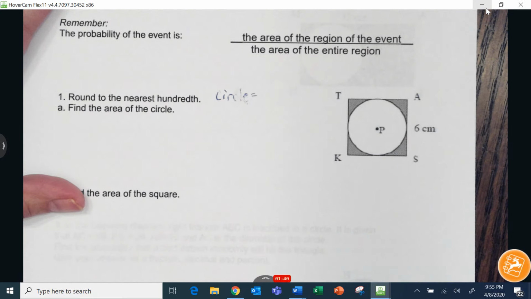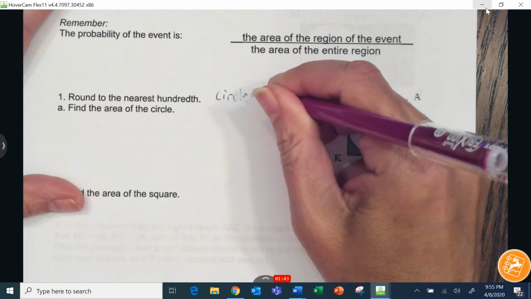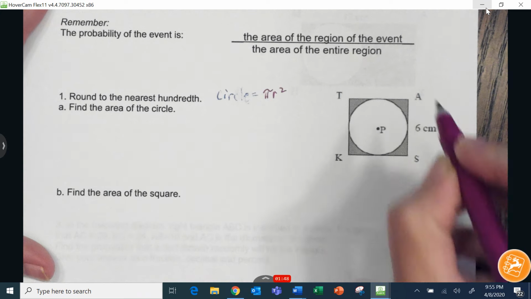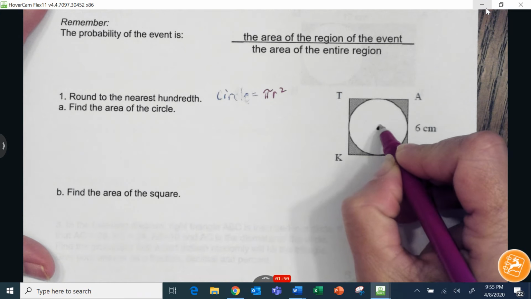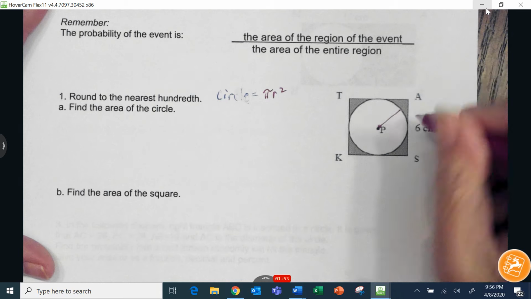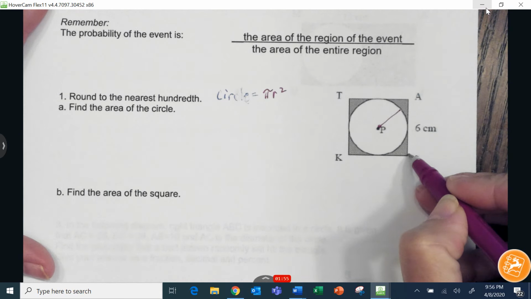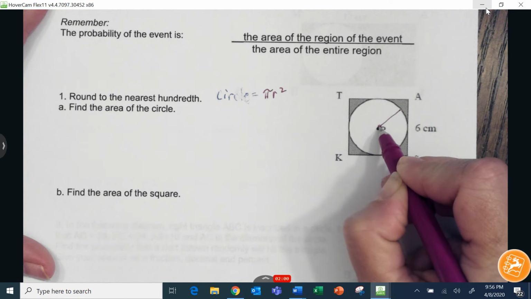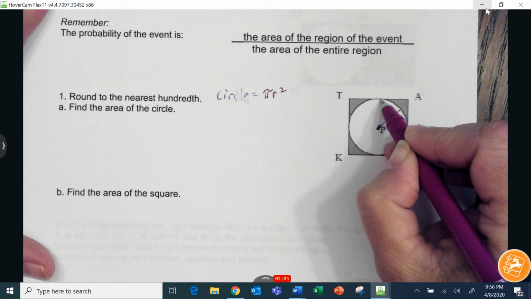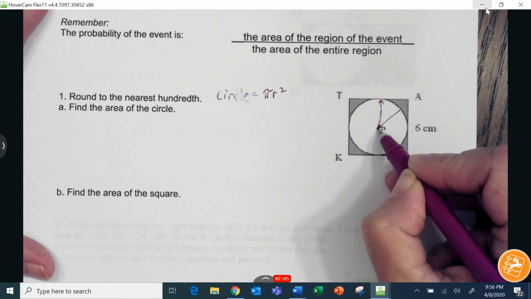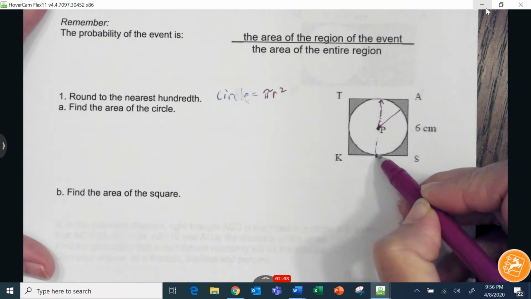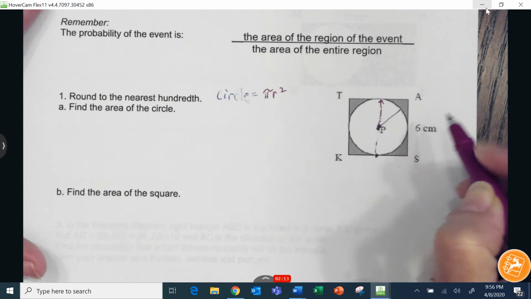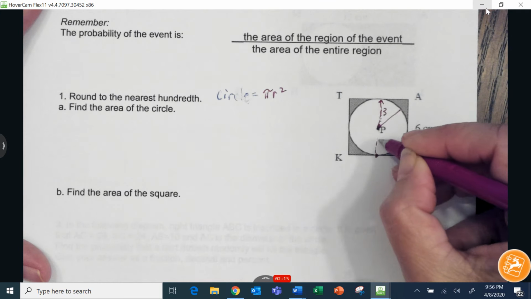So circle is pi r squared. So in this picture, we need to know the radius. Well, what I do know is a side length is 6. So if I go from P straight up, and this circle touches both sides of the quadrilateral, and then this is the center of the circle, it has to be 3 and 3 to equal 6.